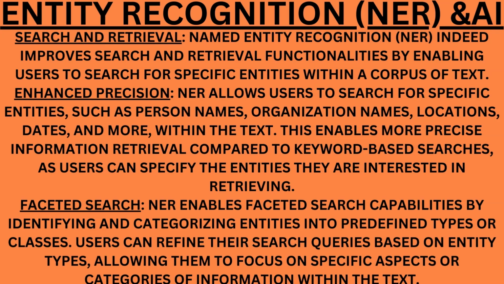retrieving. Faceted search. NER enables faceted search capabilities by identifying and categorizing entities into predefined types or classes. Users can refine their search queries based on entity types, allowing them to focus on specific aspects or categories of information within the text.